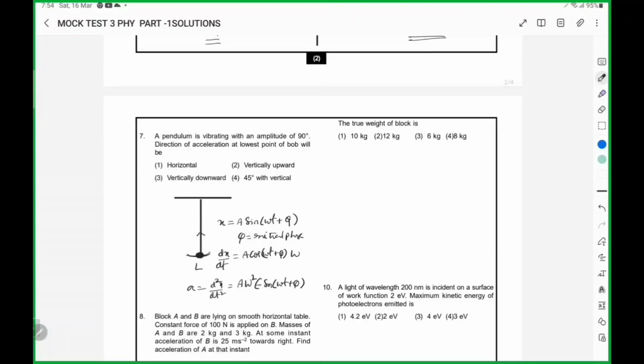This minus indicates acceleration is vertically upward towards the fixed point. So at the lowest point, acceleration is upwards.